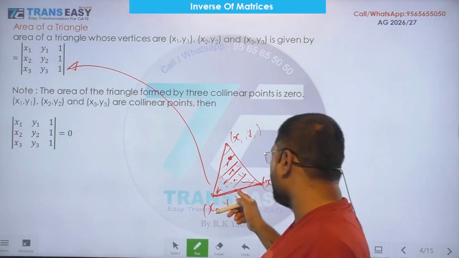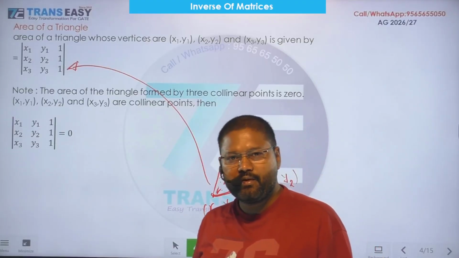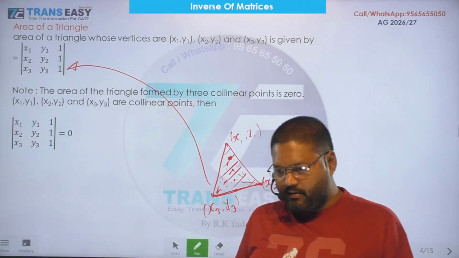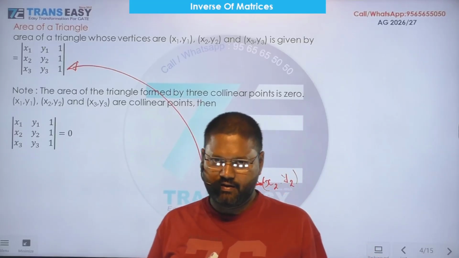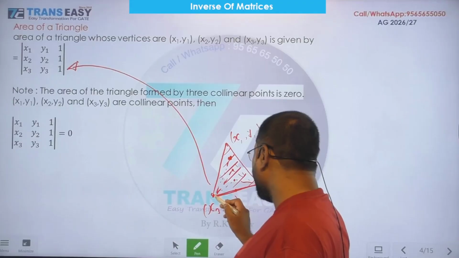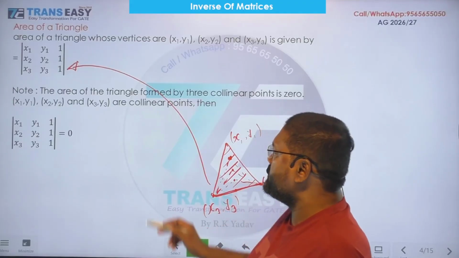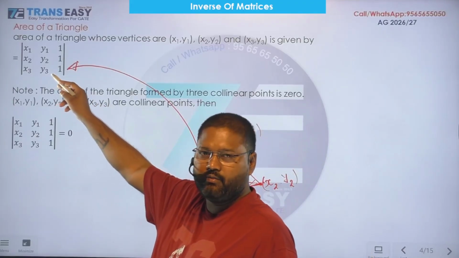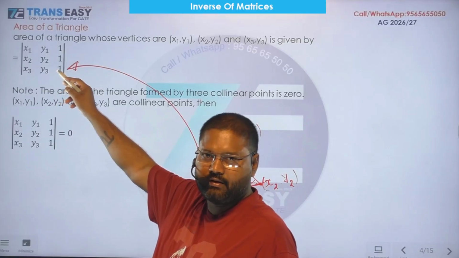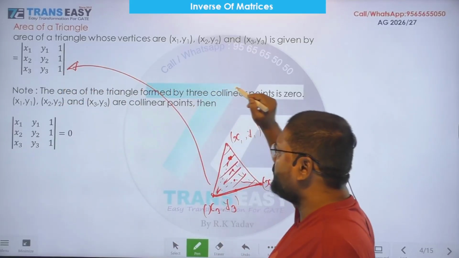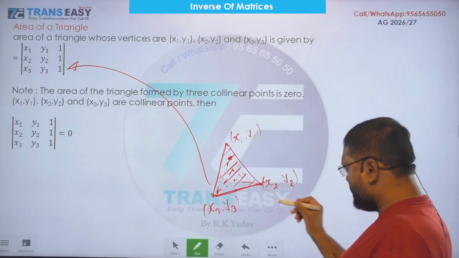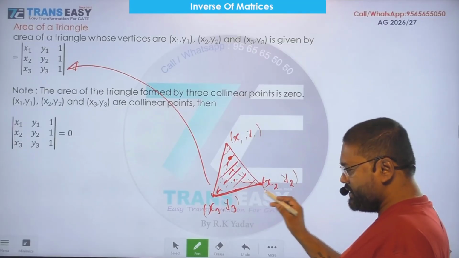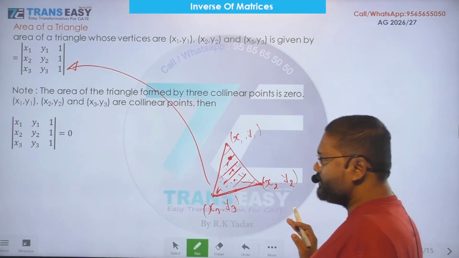It means it is not going to form a triangle. So we have 0 value for this determinant having elements from the coordinates of 3 collinear points. बात समझ में आया?